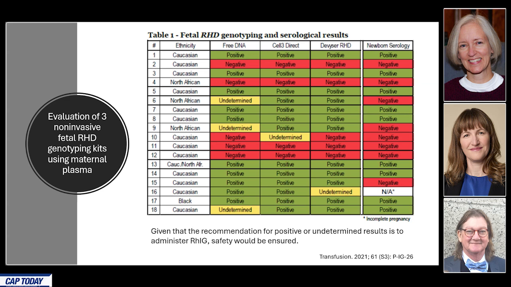Serological RhD results were concordant with the RhD prediction for 15 of the 18 individuals. 2 newborns from mothers of North African origin were found RhD negative by serology, number 6 and number 9, while the cell-free DNA analysis predicted an RhD positive or undetermined result.